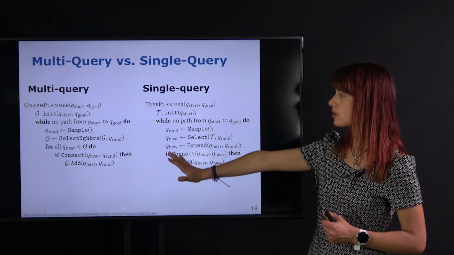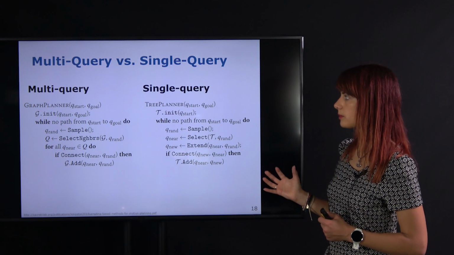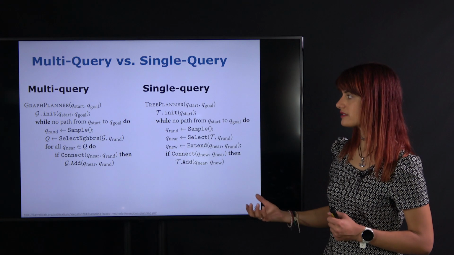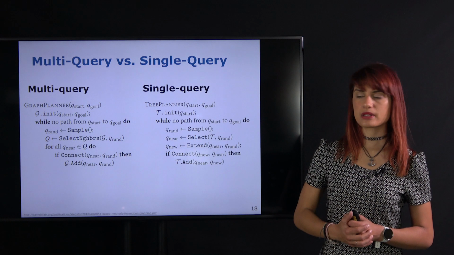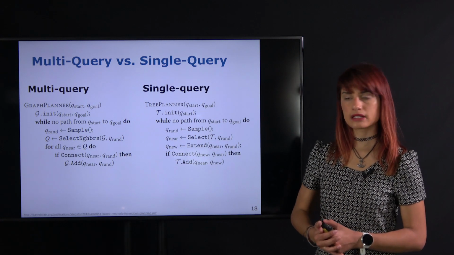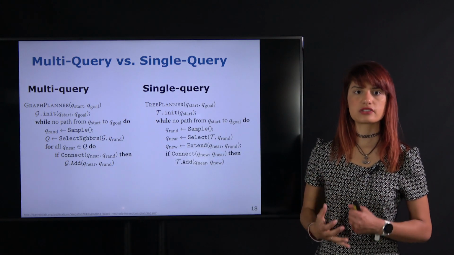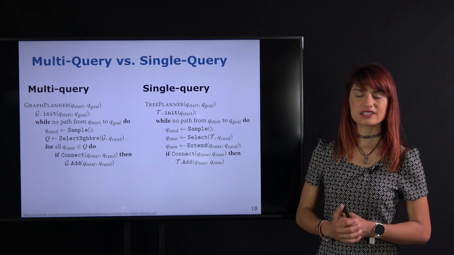And so this is just showing us the different logic between multi-query and single query planners so that we can appreciate their differences and how they lend themselves to application for different planning problems, depending on the setting, whether we want to do frequent tree planning in a static environment or we're interested in very efficient single query planning, potentially in dynamic environments here.